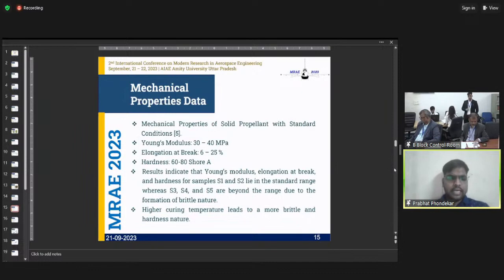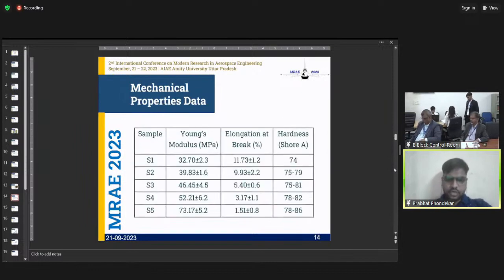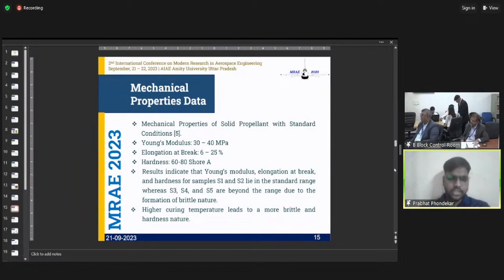Now these are some standard conditions. Basically, I have formulated these results from the testing, and these are the standard conditions, meaning your propellant's mechanical properties should be within this range. These are the standard ranges for a composite propellant sample. I have referred to this standard range from the book of H.S. Mukunda. Young's modulus should be between 30 to 40 megapascal.